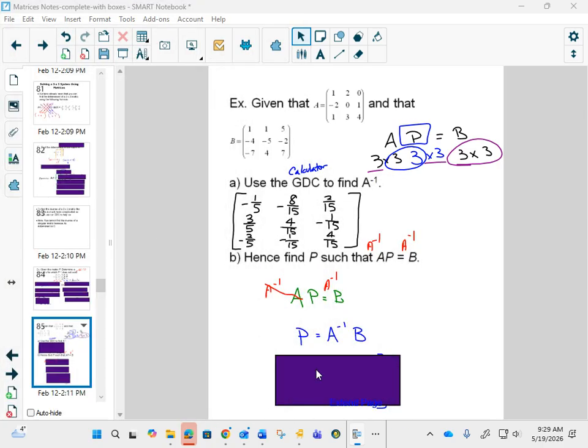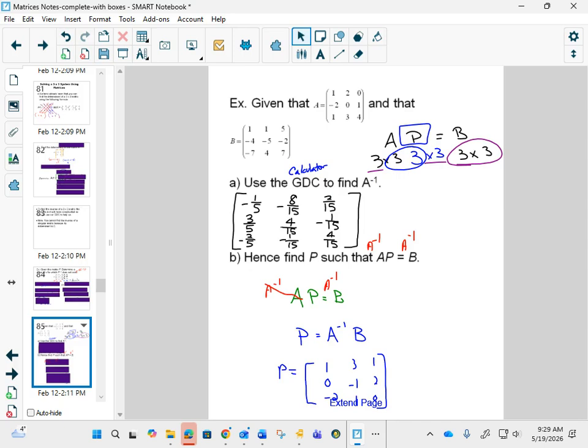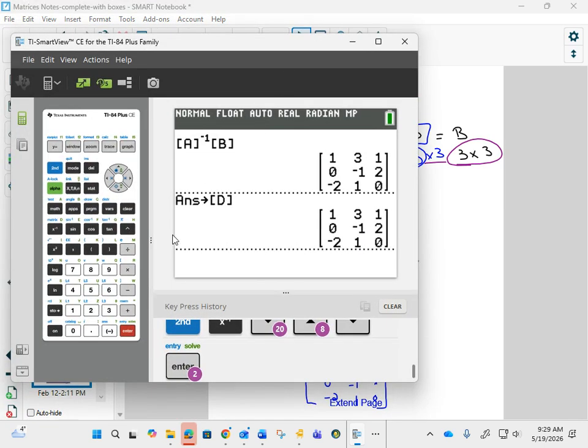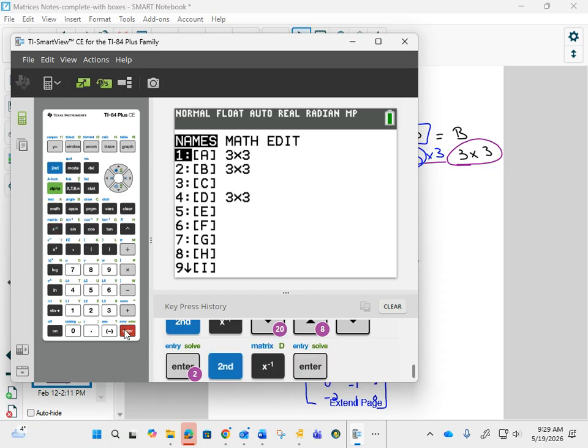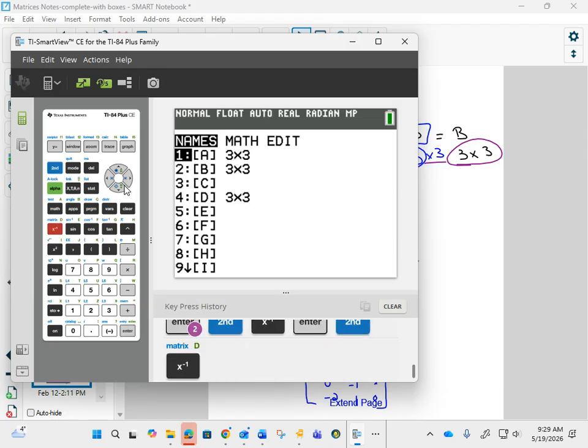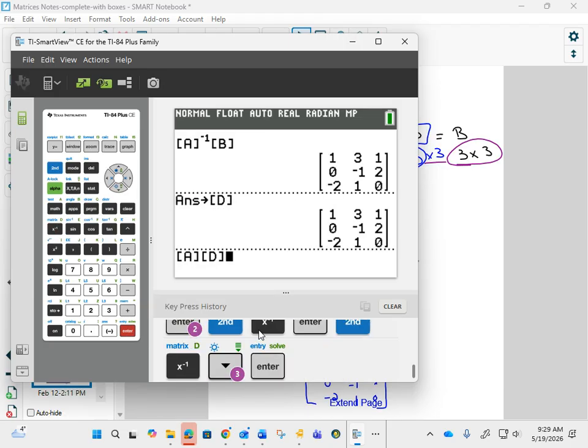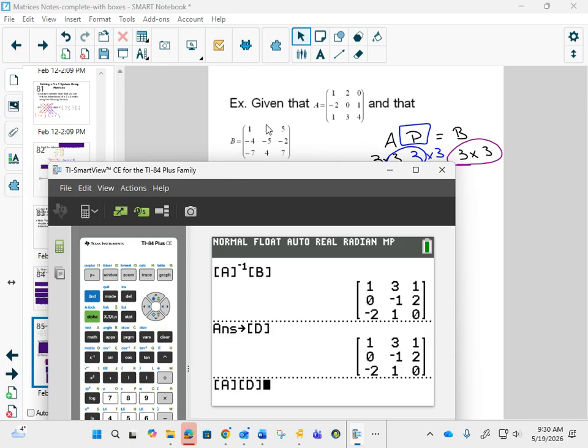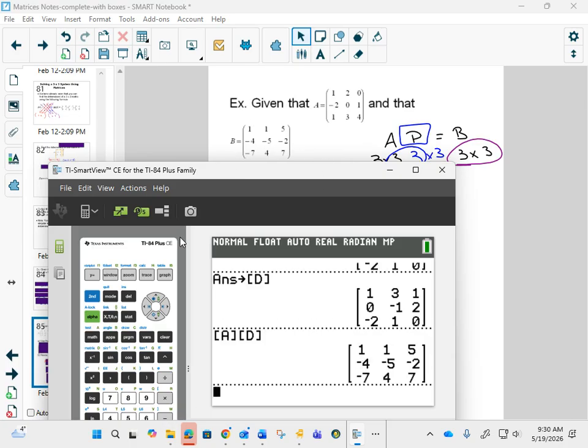We did get this answer for P, and if it's right, then my original matrix A times matrix P, which is being substituted by the stunt double D, should equal, when I push enter, our matrix B originally. 1, 15, negative 4, negative 5, negative 2, negative 7, 4, 7. Yes.